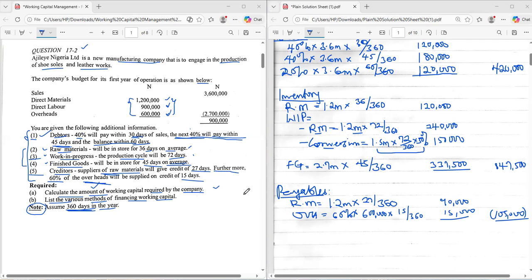Under payables, we only have two: payables for raw material, people that you buy from, so when we bought raw material, we owe them. And overhead, where we don't know what makes up our overhead. It can be labor, it can be anything. But they already gave us the figure for overhead, so we did 60% of the overhead, multiplied by 15, then divided by 360. For labor, we have treated labor already, so there's no way we can treat labor under payables again in this case.